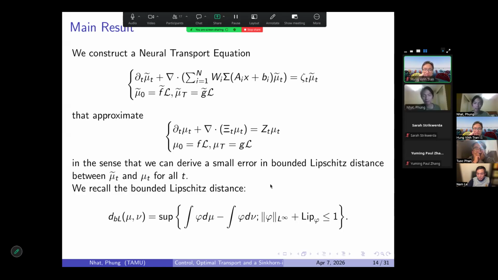Although it would be nice if we can do it with another distance, for now we use this one. It's still a metric for weak convergence, so it's quite sufficient to say that this converges to the solution.